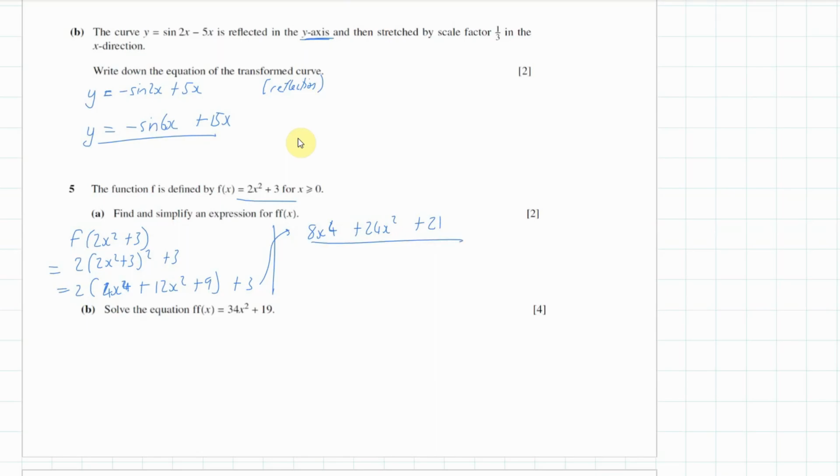Now I've got to solve the equation that f(f(x)) equals 34x squared plus 19. So probably, I guess we could go 8x to the power of 4 plus 24x squared plus 21 equals 34x squared plus 19. Now let's bring everything across here. We've got 8x to the power of 4, subtract 34, so that would be negative 10x squared, and then subtract the 19, so that's plus 2, equals 0.